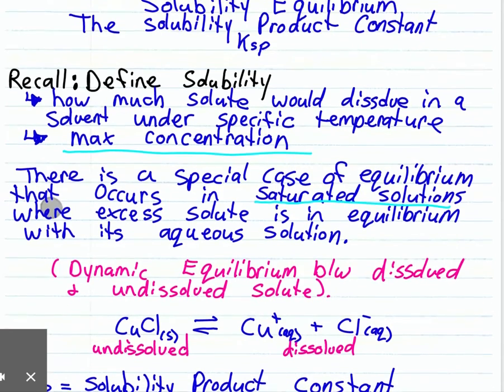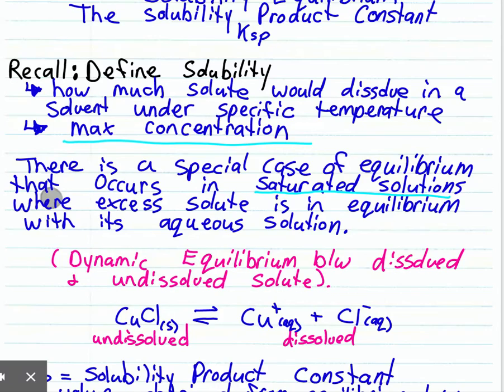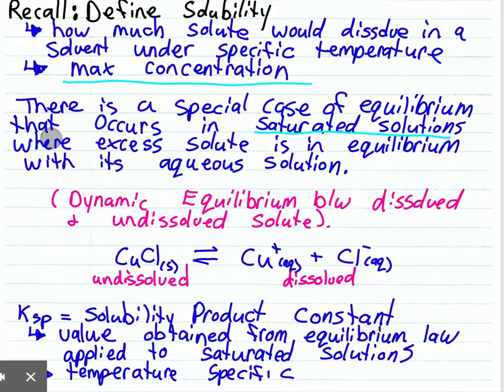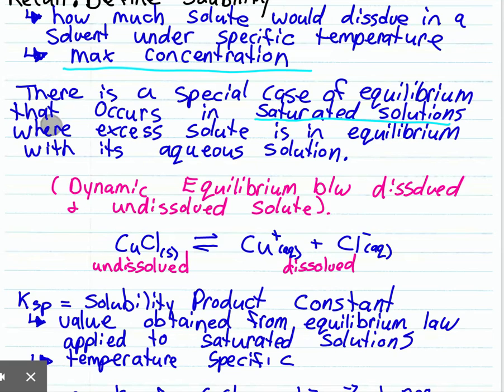Basically, this dynamic equilibrium is when we have undissolved solid, so solid copper chloride here, in equilibrium with its dissolved ions. So it's an equilibrium between dissolved and undissolved solute. When we're dealing with that, we use KSP, the solubility product constant. It's a value obtained from the equilibrium law applied to a saturated solution.